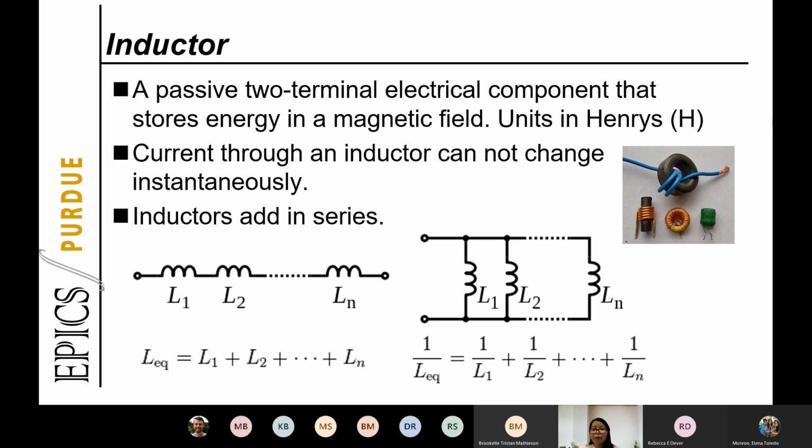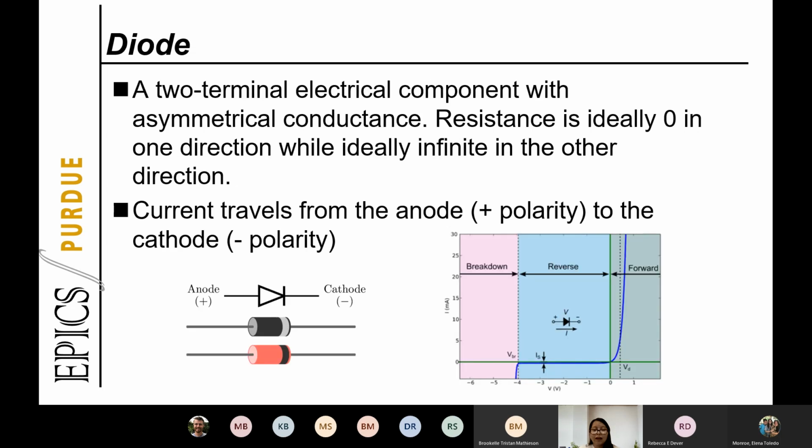The inductor will be behaving exactly as a resistor, meaning that if we have two inductors in series, they will just add to each other, and if we have two inductors in parallel, then they will divide basically. So that's all about the inductors.